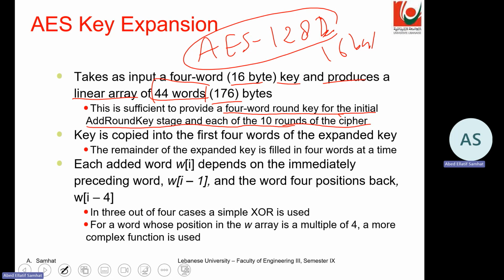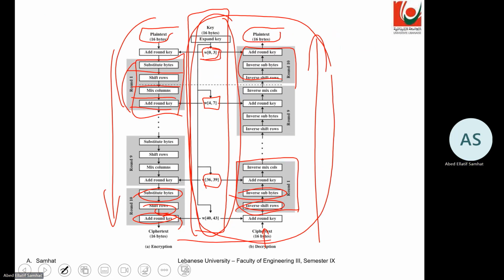So we have here 44 words. If we take the first four words, they provide the 16 byte key that will be used at the add round key process with the 16 byte plain text. Here you can see we have 4 words, here 4 words, and so on, and here we have the last 4 words.